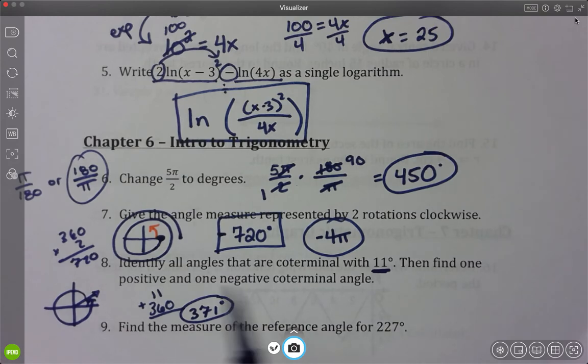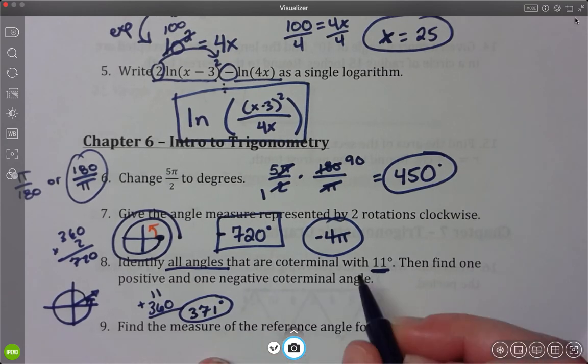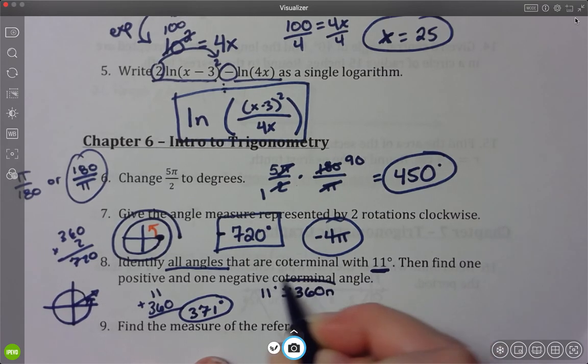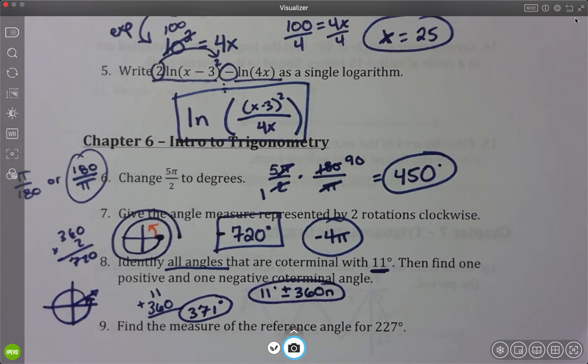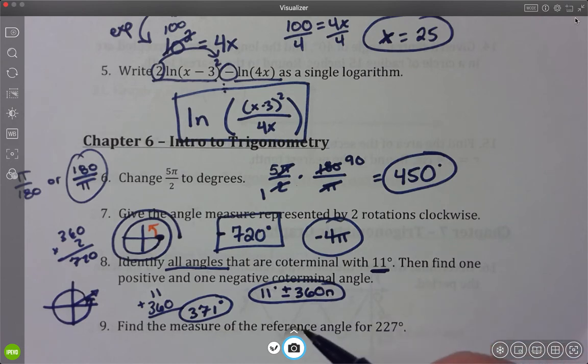But I want to identify all angles. So what I would say is that I can take 11 degrees and I can add or subtract 360n. We've written stuff like that before where we've done plus 2 pi n or plus or minus and so on. Sometimes we'll just write it as plus 360n. That's fine. If we just say that n can be a negative number, then that does the minus part for me.